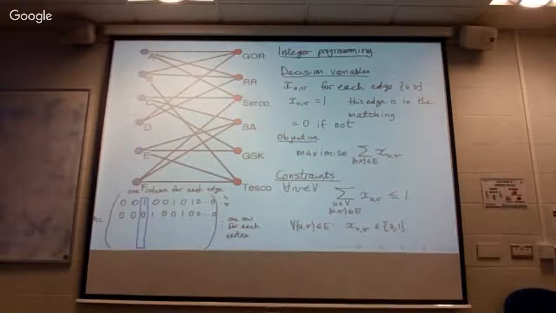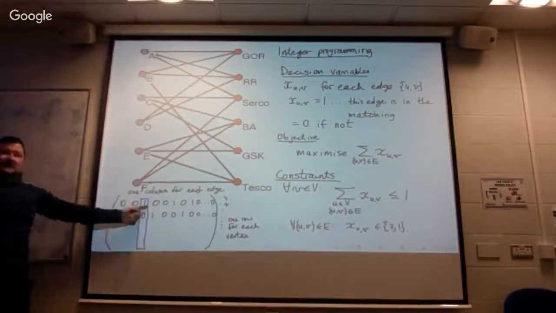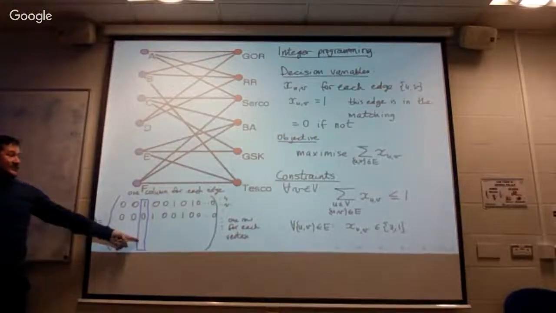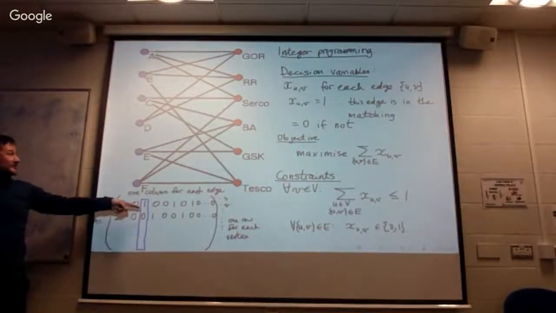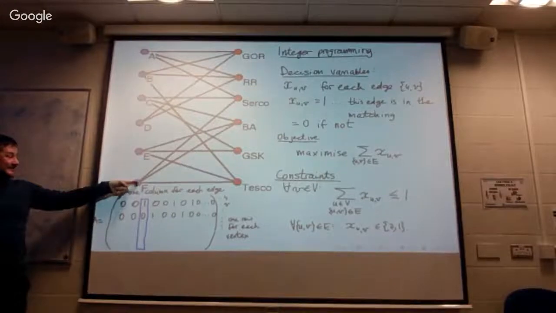One, two. Each edge has just two vertices, and if you've got one row for each vertex, then there are exactly two ones in each column: one for the starting vertex and one for the end vertex.